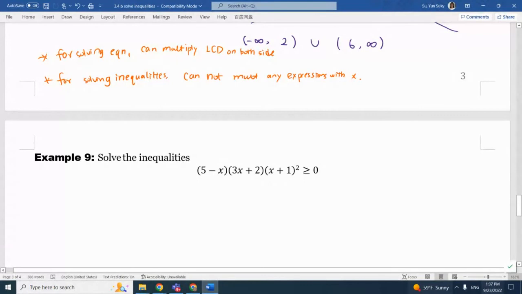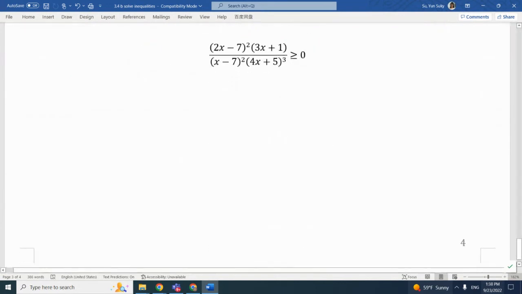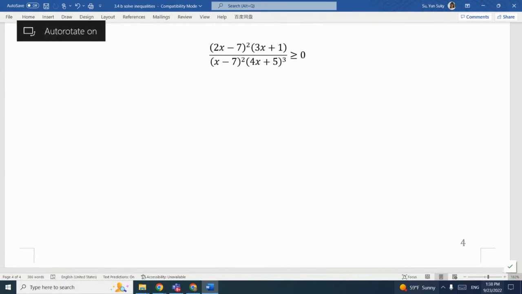Let's see. Okay. Here we have some examples. How about we do the harder one? Let's start with the harder one and see how much time is left. So yes, let's do the last one. Check: are all the terms on your left hand side? Yes.